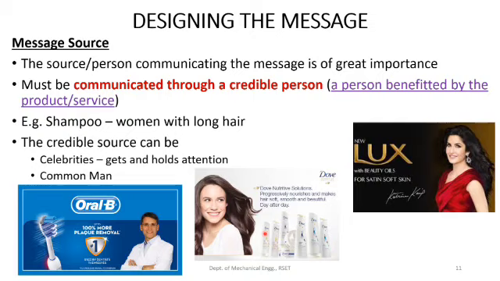So the credible source can either be celebrities or it can be common people. So you can see the case of advertising of the bath soaps by Lux, okay, bathing soaps by Lux. You can see that the advertising is carried out through Katrina Kaif as basically being a brand ambassador. So that itself is basically a convincing factor for the consumer.